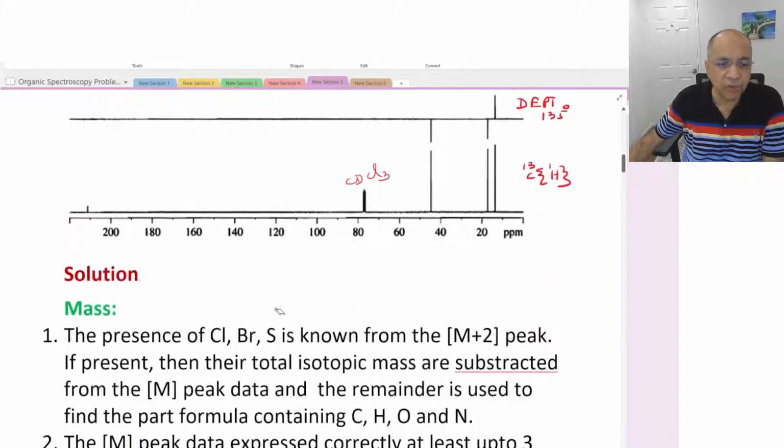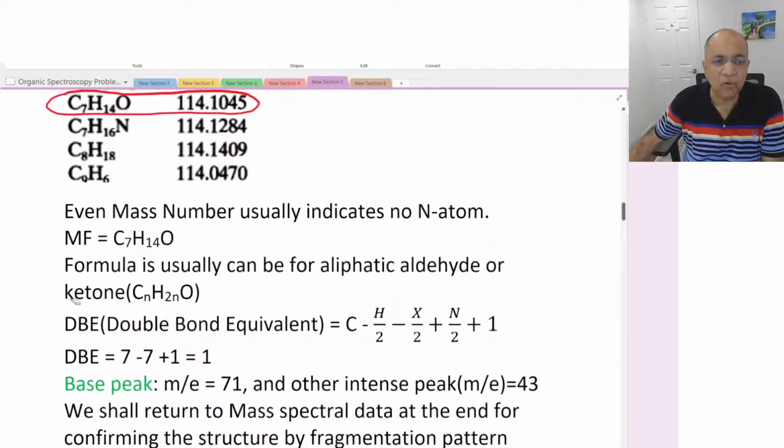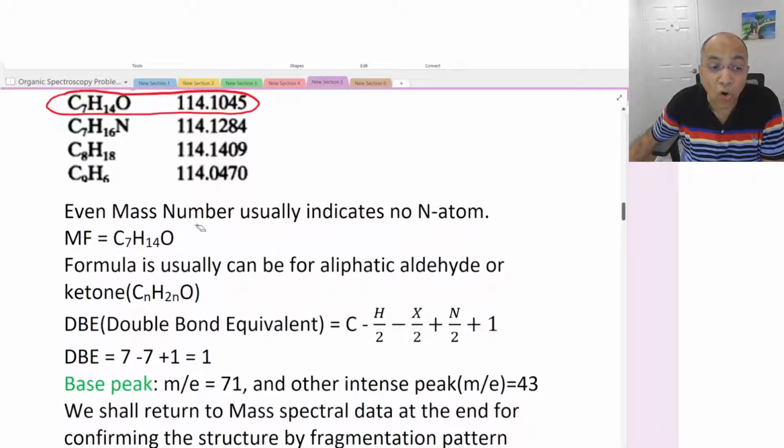Now when the molecular formula is this, let us immediately find out the double bond equivalent. Now from the formula, you are almost sure that it is a formula of an aldehyde or a ketone, CnH2nO. It can be an enol, no doubt, or an ether, but usually aldehyde and ketone.